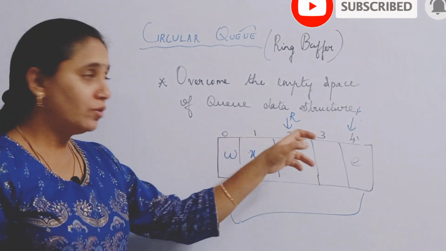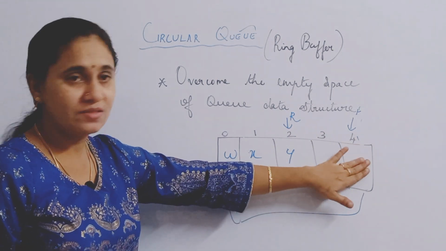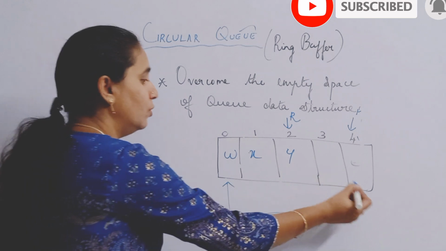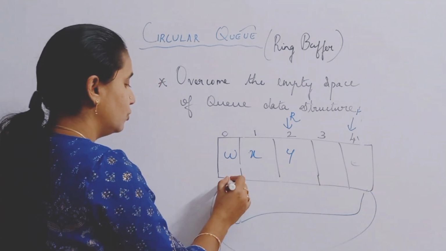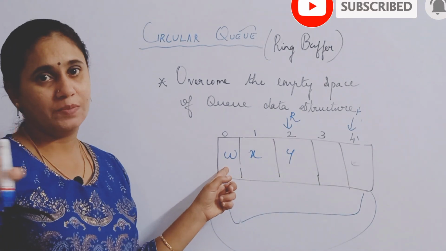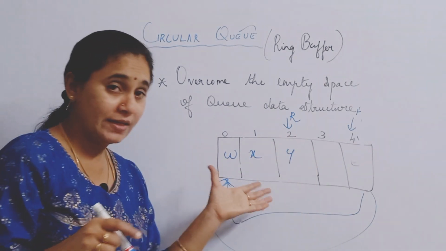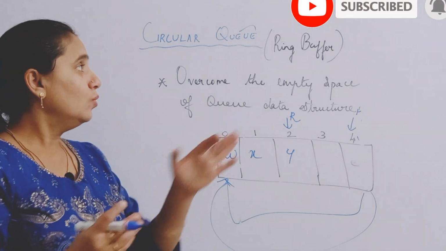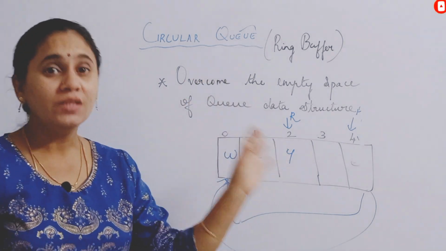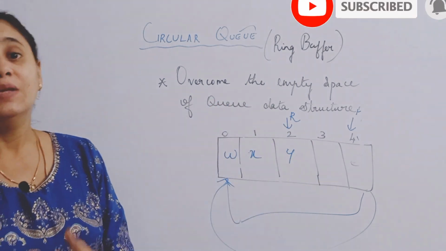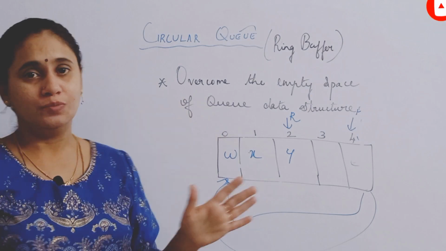Okay, even the front pointer also, you see. After deleting this element, once again we make the front pointer also point to this location, because after E, W is your first element. Okay, understand the diagram, then you will be able to follow. Okay friends, so we are overcoming the empty spaces of a queue data structure by using a circular queue implementation.